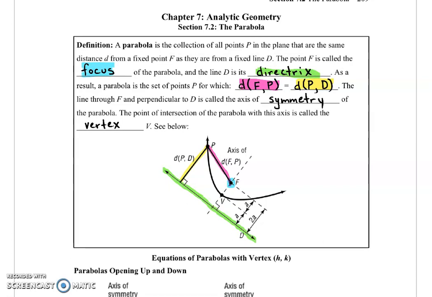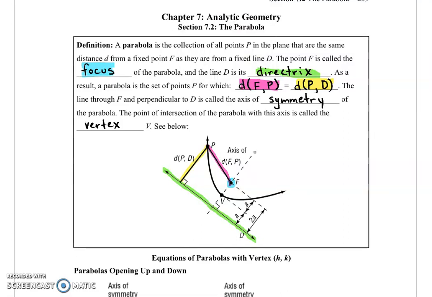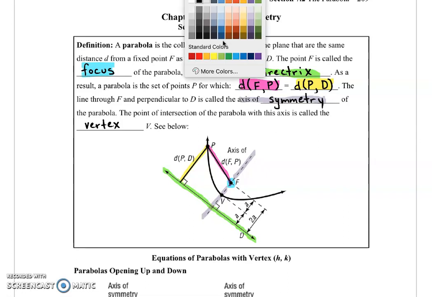The axis of symmetry is right down the middle here. And this is supposed to be lavender, but it looks gray. And the last thing we need is the vertex. And everybody should realize that the vertex is, trying to find a good color here.